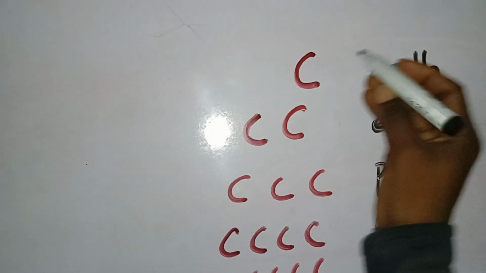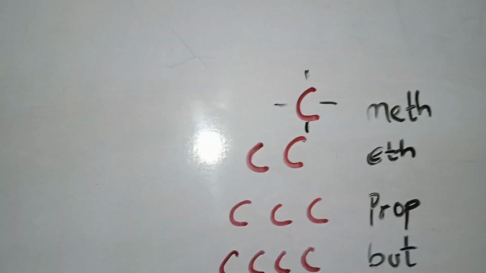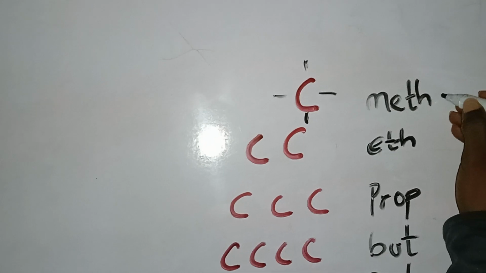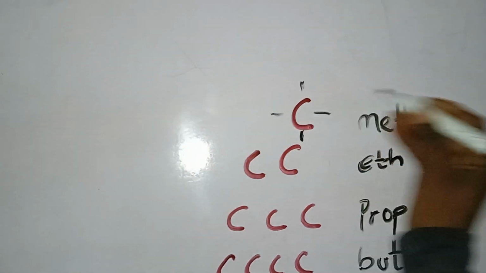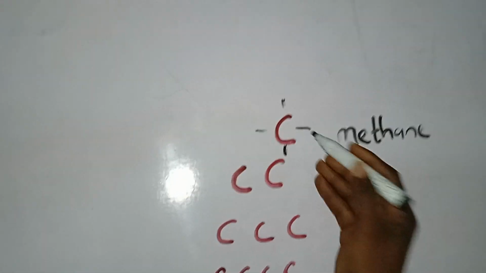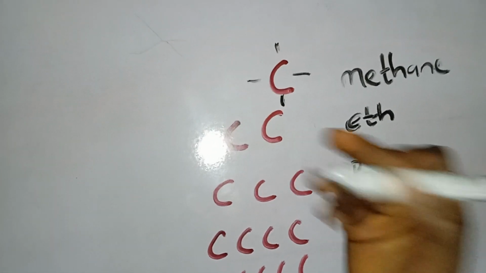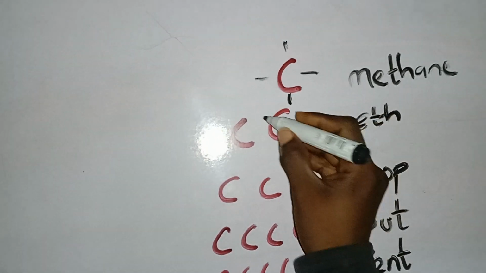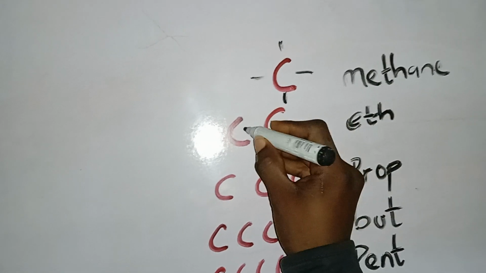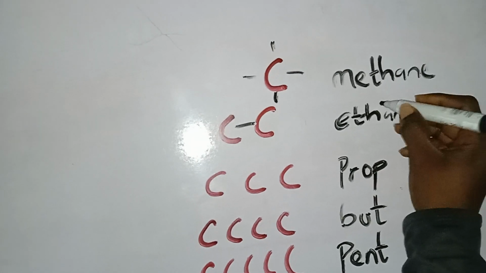Now, for a single carbon, all you have will always be a single bond, ane. You can never find a double bond on a single carbon. Now, if it's a double carbon, and I see a single bond, it means that this will now be ane for single bond.